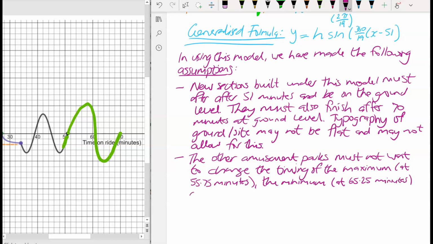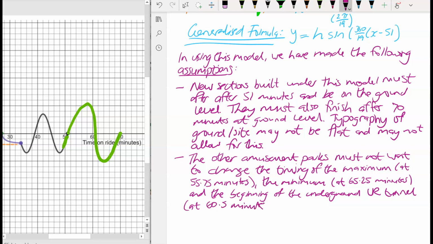And the beginning of the underground VR tunnel at 60.5 minutes.